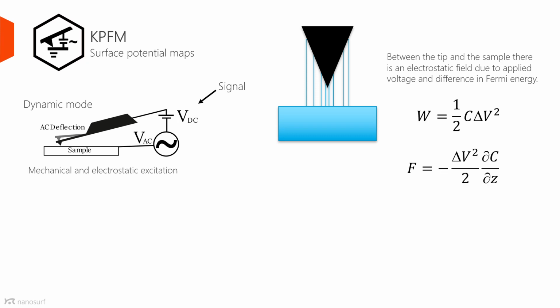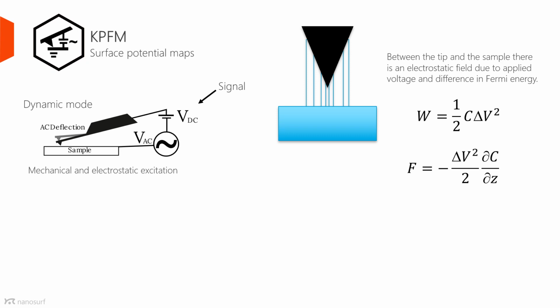This is basically a capacitor and has an associated energy. When you calculate the gradient of this energy, it turns out that it produces a force that depends on the voltage applied and the gradient in the capacitance.